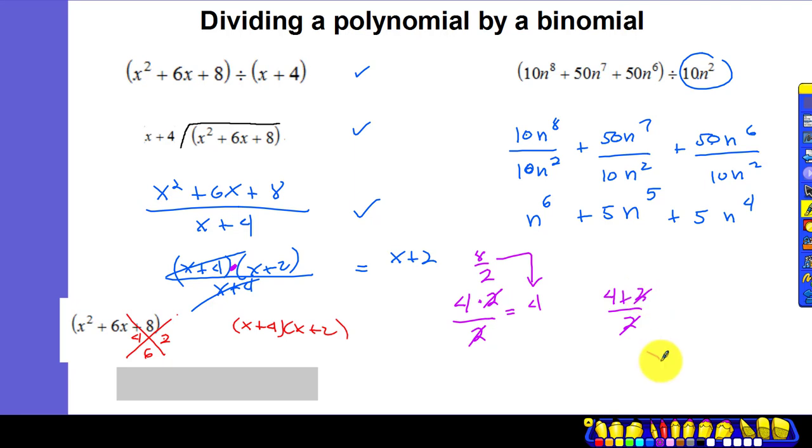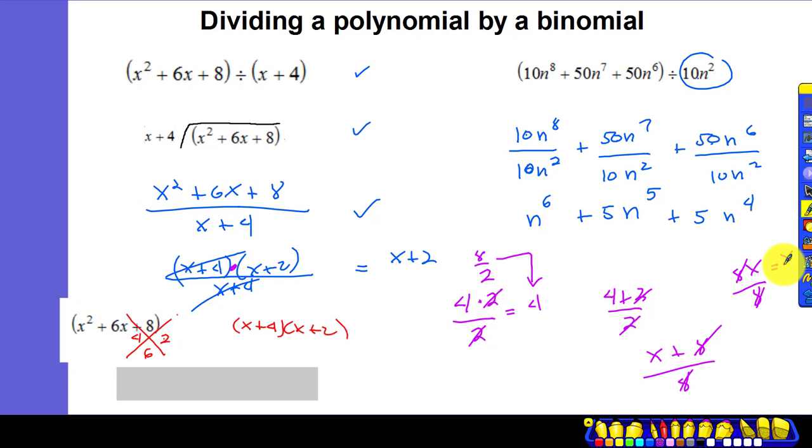So if we have, let's say, x plus 8 divided by 8, we cannot cancel 8 and 8. That's wrong. There's no way that we can cancel this. Unless, let's say you have 8x divided by 8, okay? Then we are allowed to cancel the 8 and 8 and say it is equal to x. So just be careful, okay?